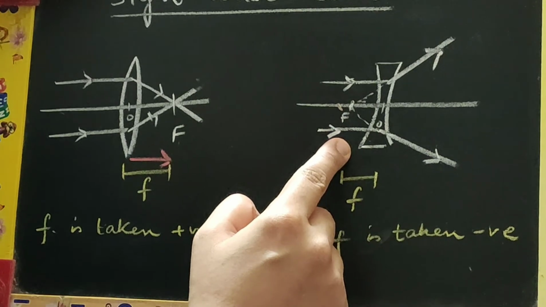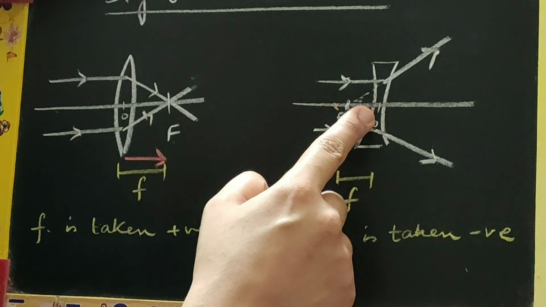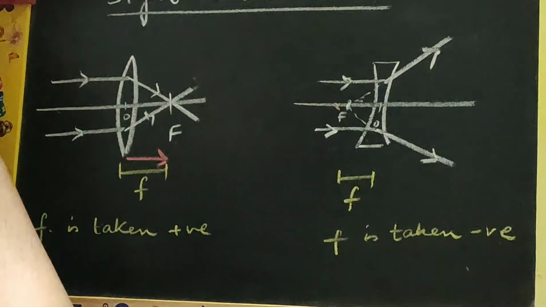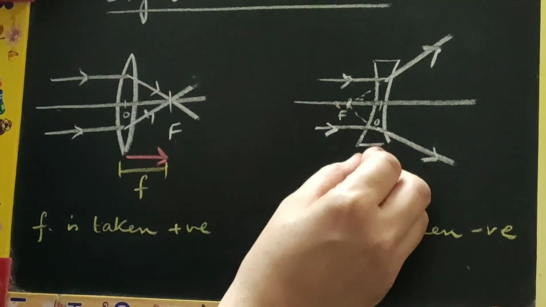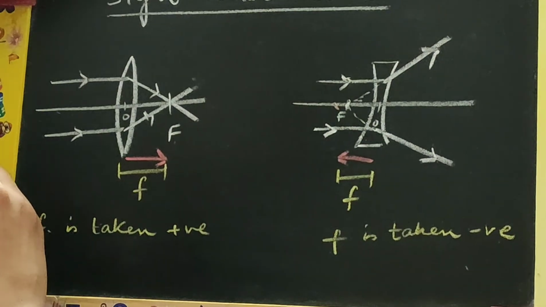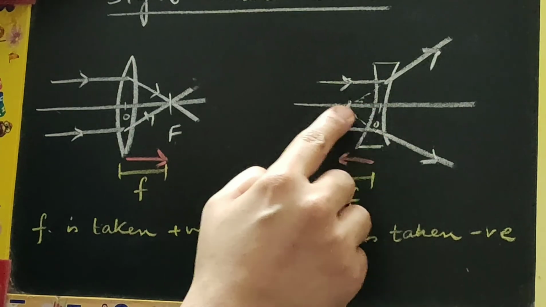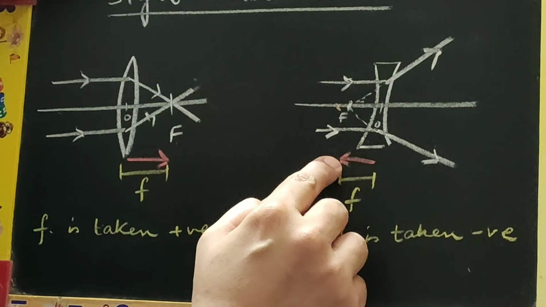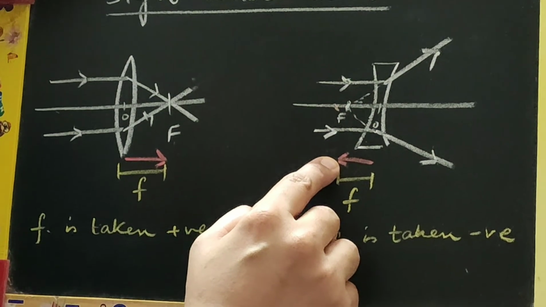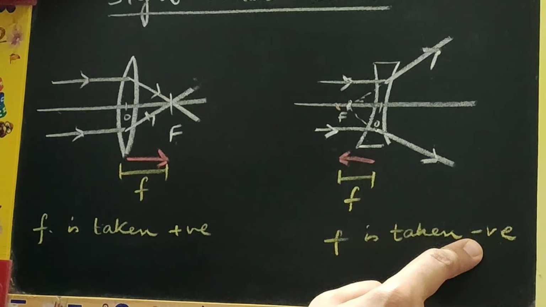Now again, by rule 1 of the sign convention, we will start from the optical center and we will move in a direction opposite to the incident light to measure the focal length. Now in this case, since we are moving in a direction opposite to the incident light, as per sign convention rule 2, this distance will be taken negative.